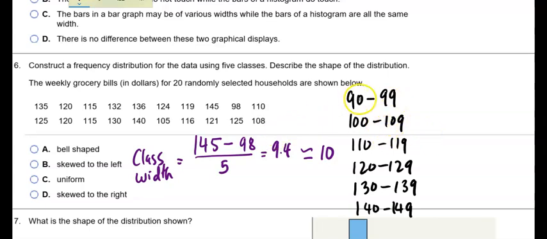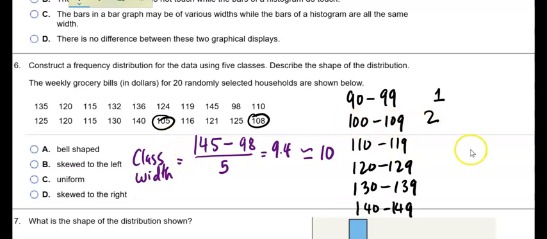In the first class, 90 to 99, you only have 98, so its frequency is 1. For the second class, 100 to 109, there is 108, 1 data value, and 105, so the frequency of the second class is 2. But notice that 110 goes in the third class, because everything less than 110 goes in the second class.